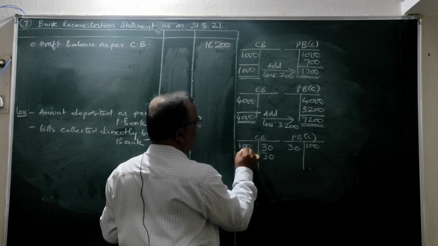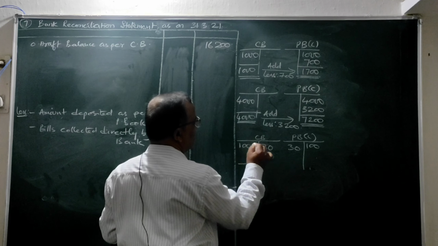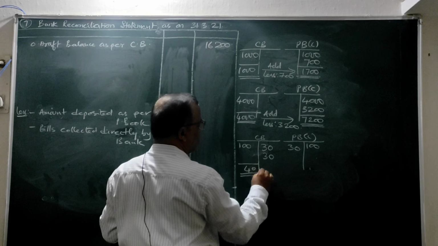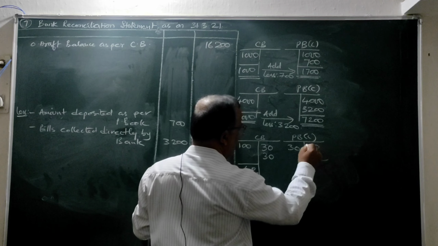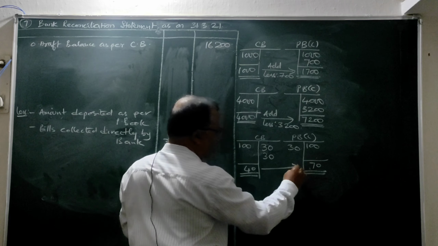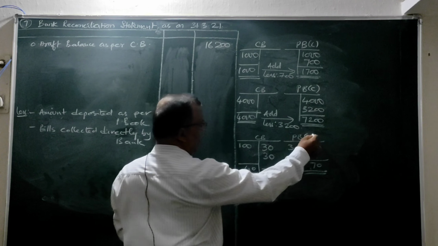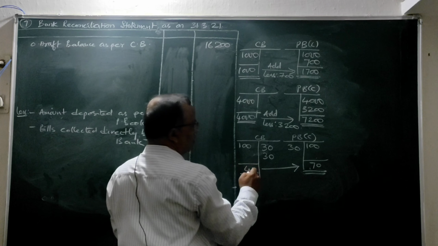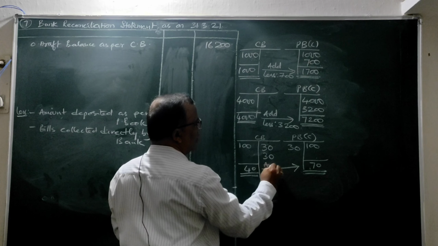Now we can see 100 minus 30 plus 30. That means 100 minus 60. So how much it is showing? 40 rupees cash book is showing. Whereas passbook is showing 100 minus 30. This is nothing but 70. So if you put an arrow mark pointing towards the constant side because we have kept passbook constant here, 40 should be converted to 70. So to this 40, what we should do? Ordinarily we should add.